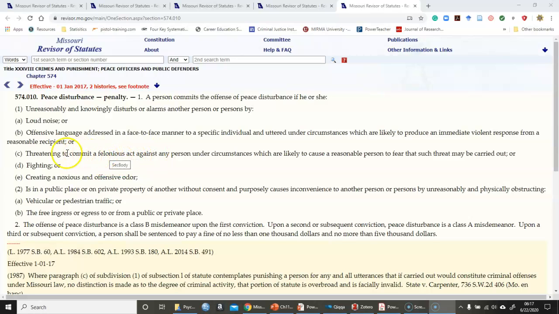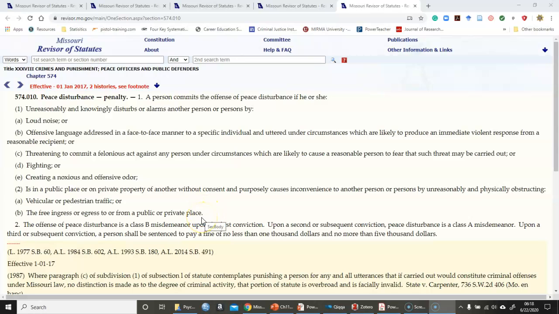There is something very close to what we're reading about putting somebody in apprehension: fighting, creating a noxious or offensive odor in a public place or private property without consent, and purposely inconveniencing another person by unreasonably physically obstructing, whether vehicular or pedestrian traffic, free ingress or egress from a public or private place. So basically blocking them from going to where they want to go.